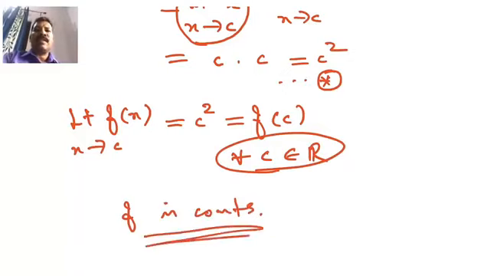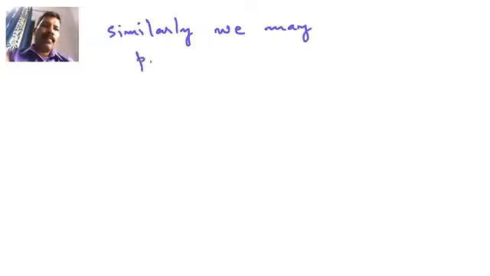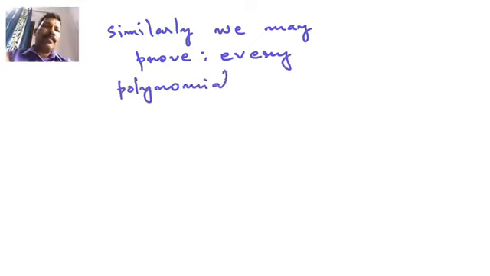Why? Because it is continuous at every real number, at every point in its domain. So we can simply say the function is continuous. Similarly, we may prove that every polynomial function is continuous.